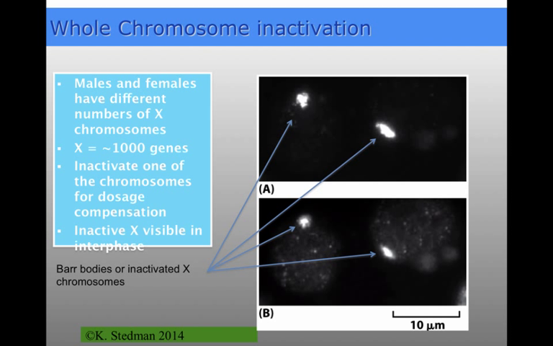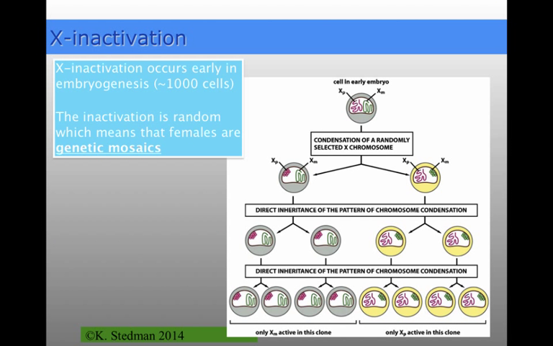Turns out that inactivation, not surprisingly, happens by chromosome condensation, and you can actually see these in cells just by looking for the X chromosome, and you see they're really heavily compacted, at least one copy of them, in female cells, and in male cells you never see these particular bar bodies.